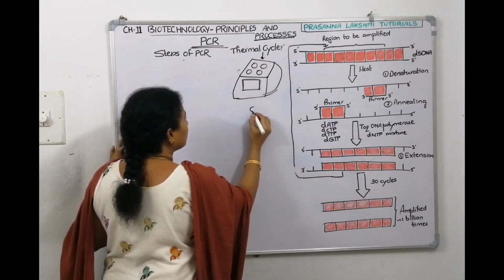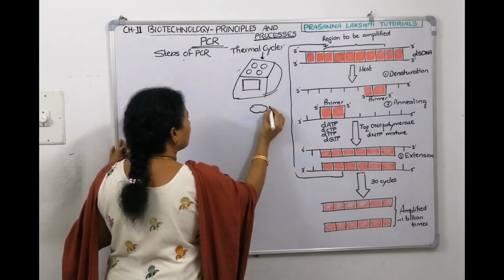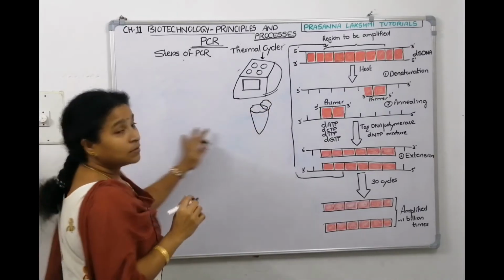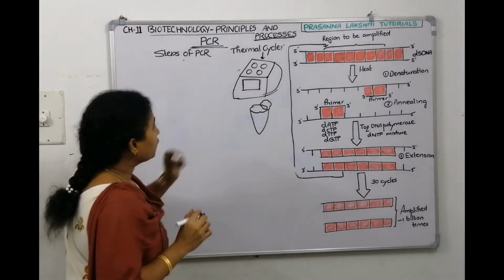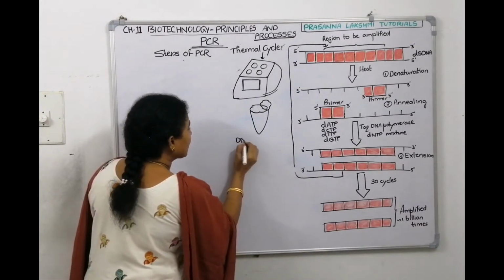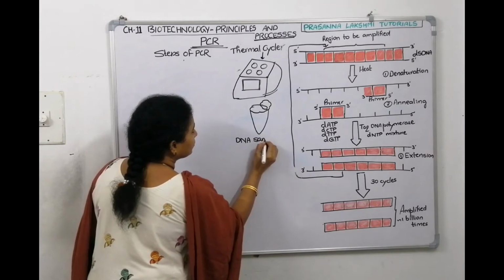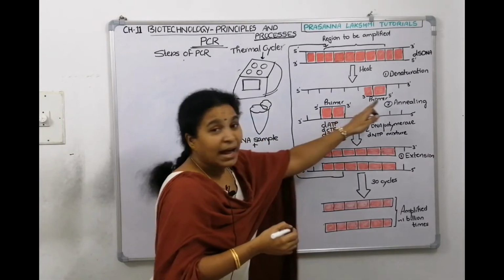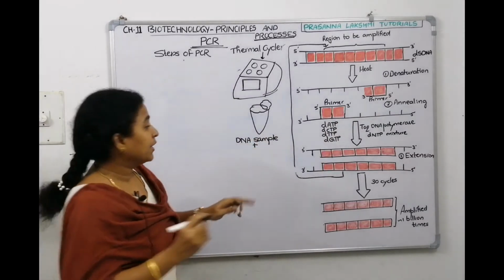So take an Eppendorf. In this Eppendorf, what we need to add is the DNA sample. Add the DNA sample. Add the complementary oligonucleotide primers.